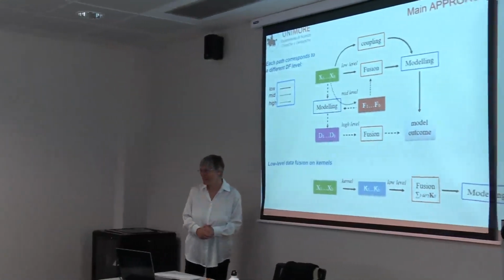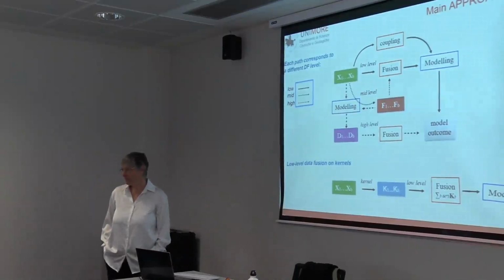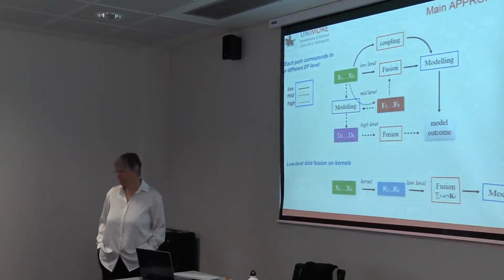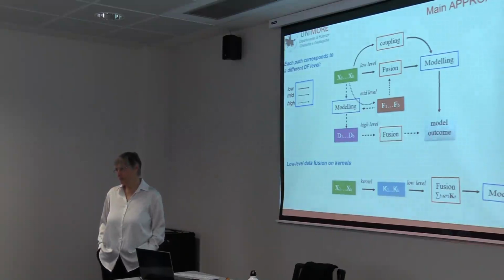I have one question. Comparing the low level and the high level, for instance, in the low level you mix the raw data. I am working with near infrared and with Raman spectroscopy, and I try to fuse the matrix from NIR and the matrix from Raman. But then I have to do a pre-processing, and maybe the pre-processing of the near infrared spectra is not the best pre-processing for the Raman spectra. You don't know which is the best pre-processing to obtain the models, so you are generating a lot of models and then choosing which pre-processing is the best one.